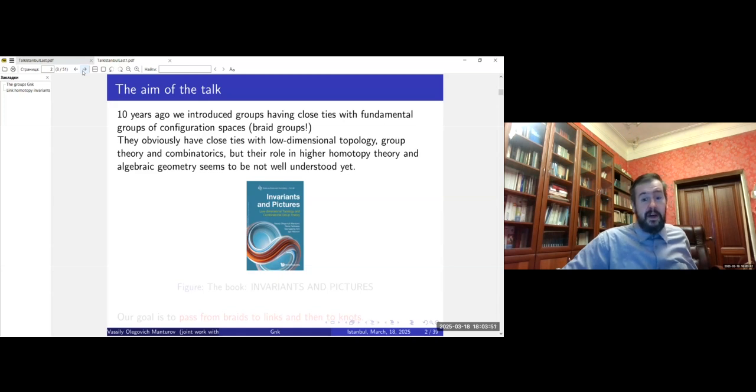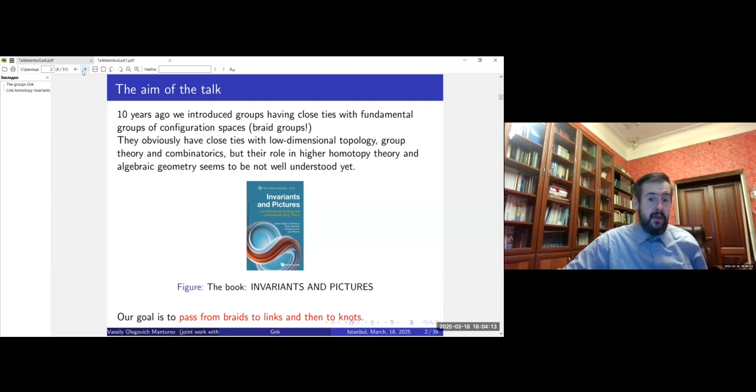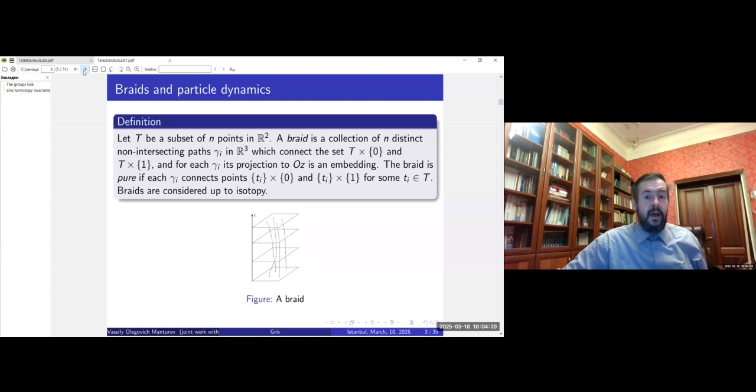And it looks likely that the construction of groups G and K works in algebraic geometry, and I will tell how. And actually, there will be lots of problems here. Today we will mostly talk about braids, but then we will try to pass to links and then maybe to knots. And actually, I just remind something that probably everybody knows.